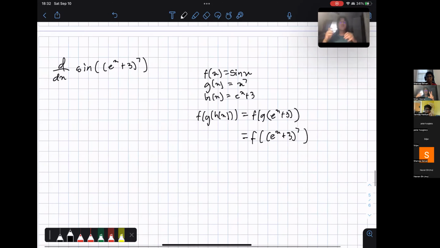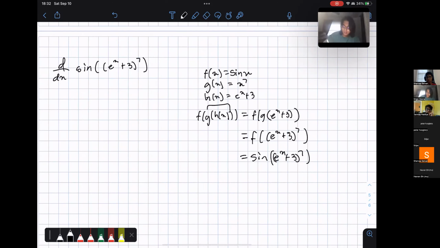And then if we apply f on that, we have sine of e to the x plus 3 to the 7th. And so if you have 3 functions inside of each other, the chain rule for 3 functions is basically the same. All you have to do is treat this inner function as just g of x.